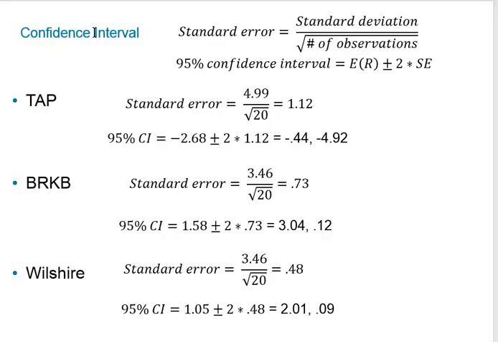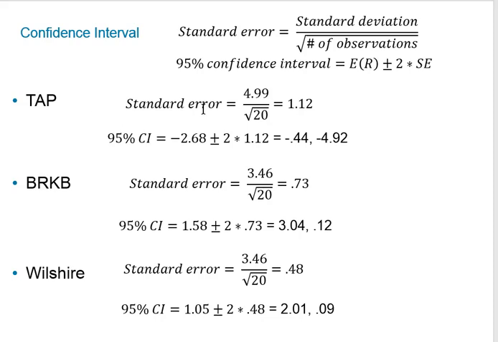How can we calculate the 95% confidence interval? Again, here we have our formulas. We need the standard error. That's just standard deviation divided by the square root of the observations. And then the 95% confidence interval is the expected return plus or minus 2 times this standard error.